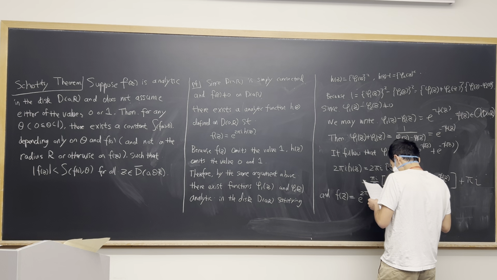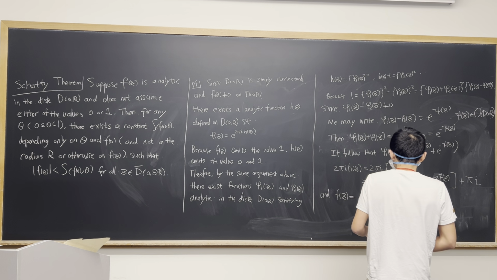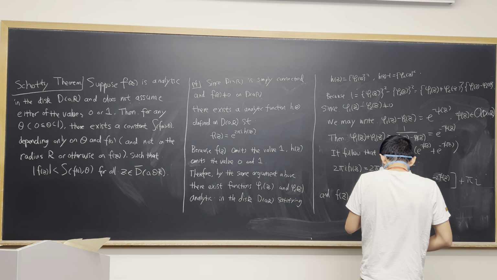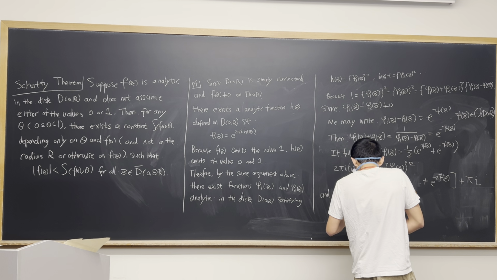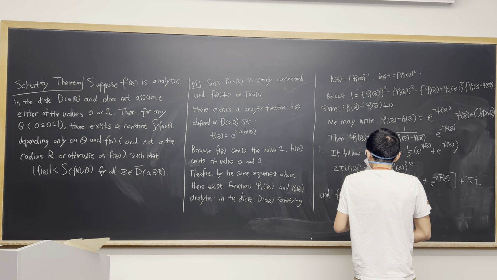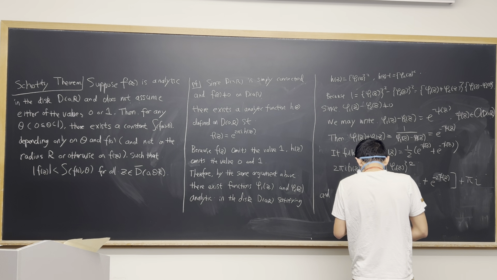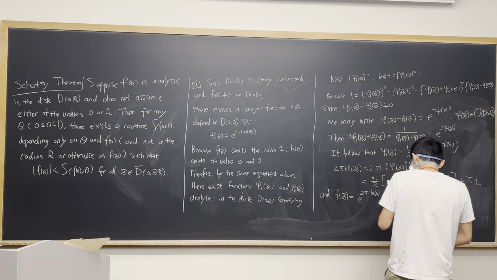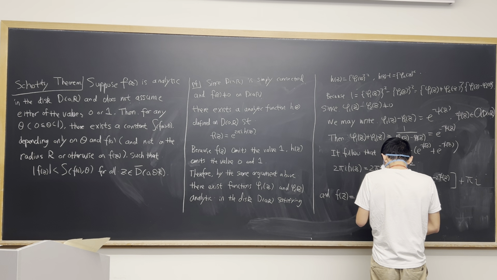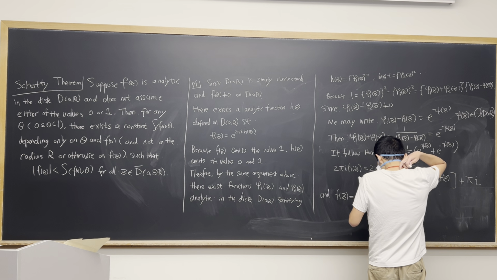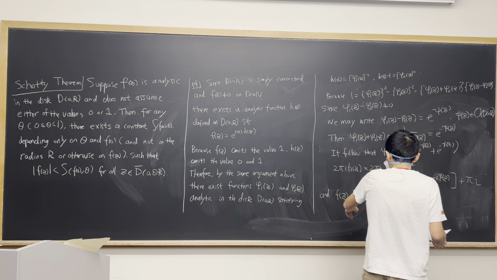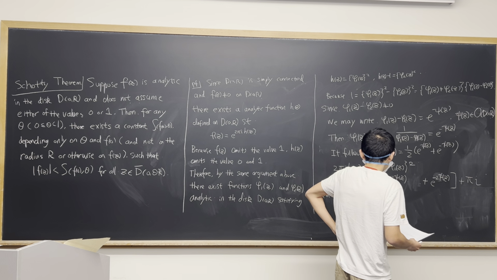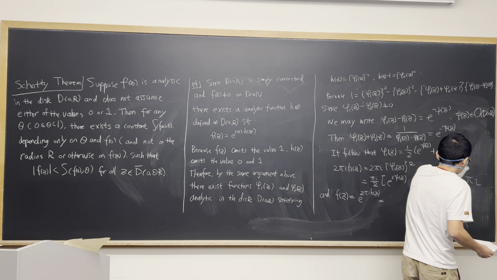Okay, so the thing is that when you take the exponential of the whole thing, it is the exponential of the first part times the exponential of the second part.